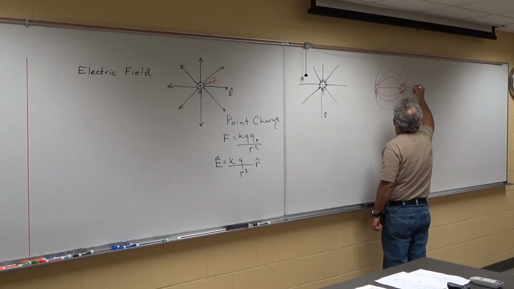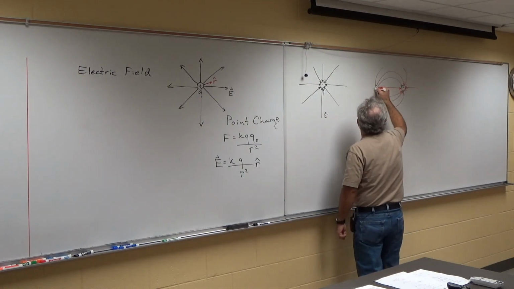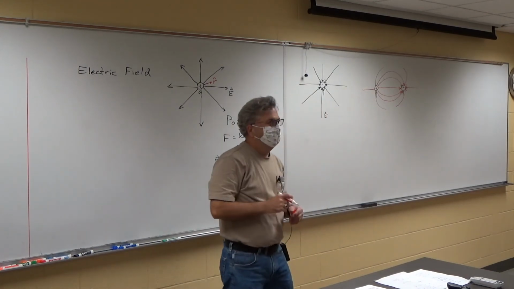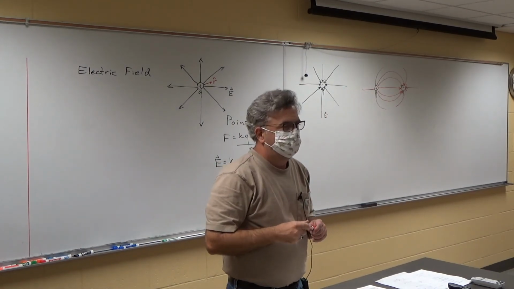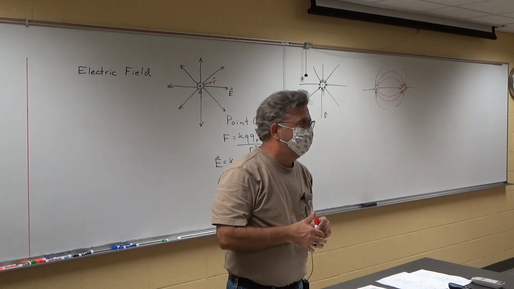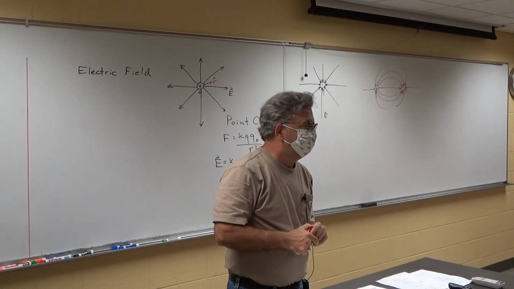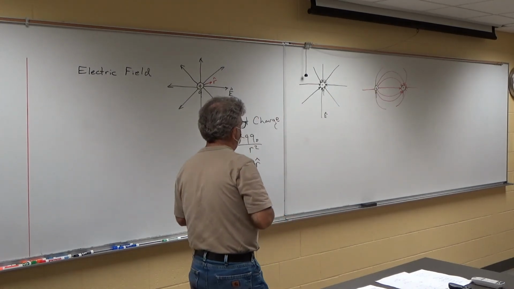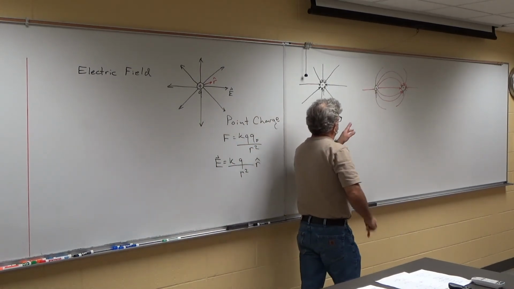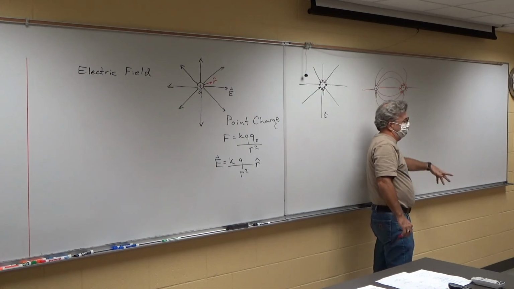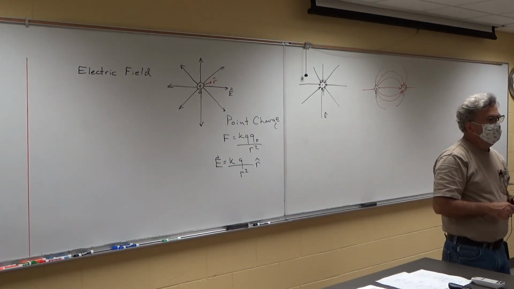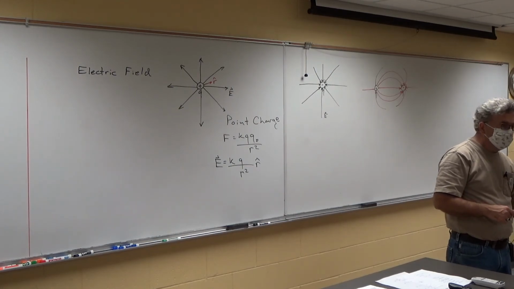That's the best I can do. You can find this picture on the internet. The density of the lines represents the strength of the field. The direction gives you the direction.